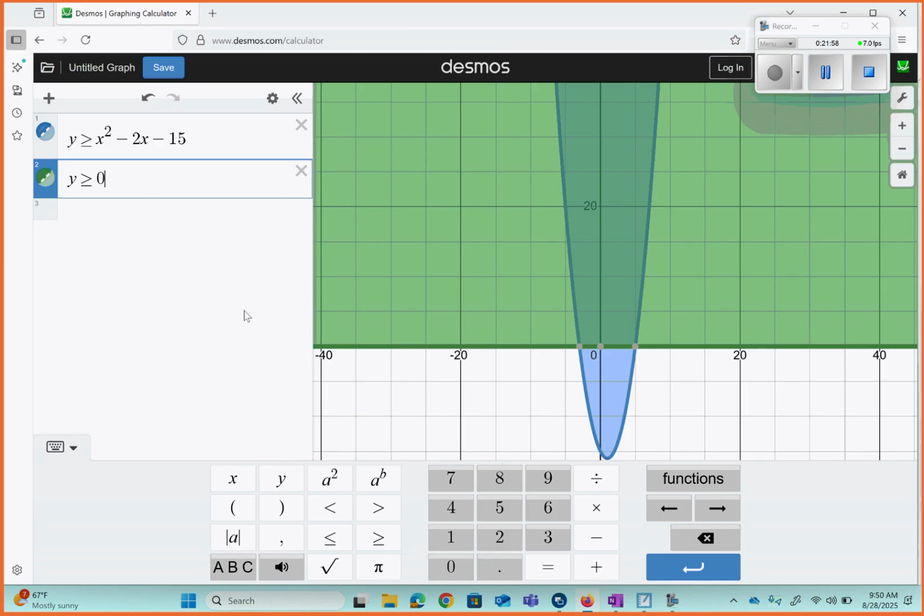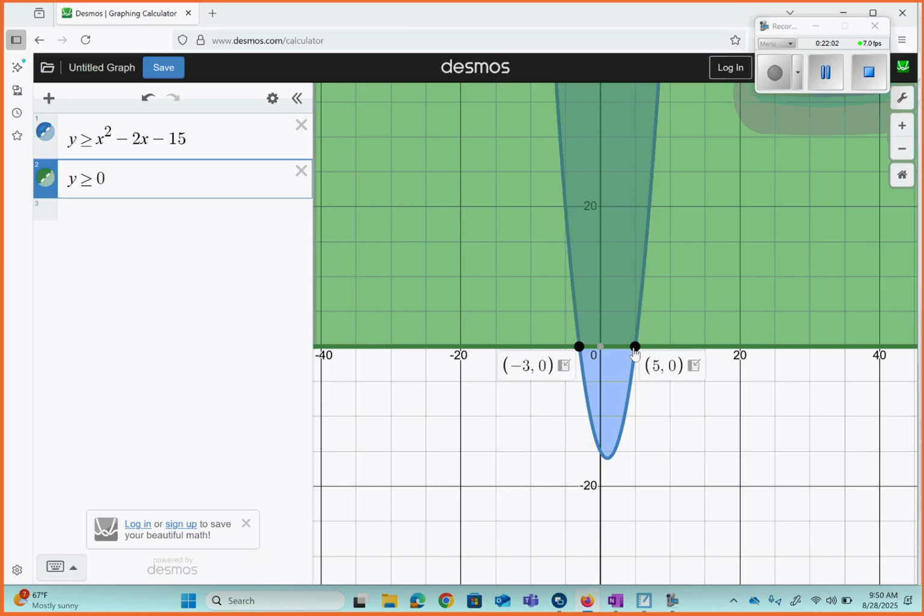So then we can create our domain. We're going to look to where our graph crosses the x-axis. And our domain is going to go from negative infinity, so forever to the left, all the way to -3. Our original equation had the equal sign underneath the inequality sign.